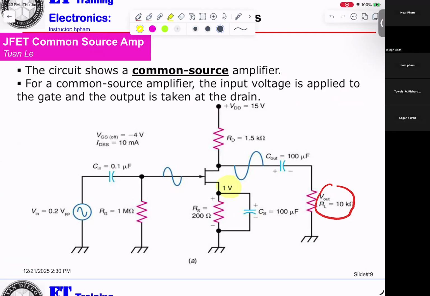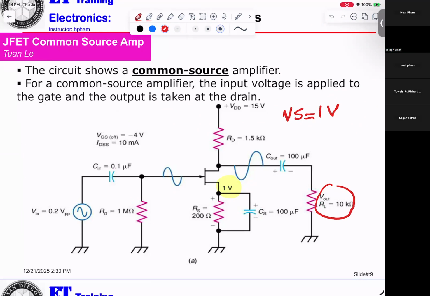So 1 volt for the source, 1 volt VS. They must give you something else in order for self bias. Otherwise, they have to give you the graph, but that doesn't happen.